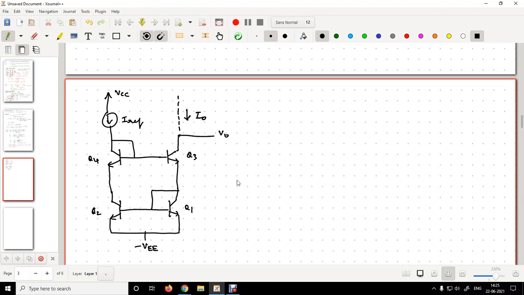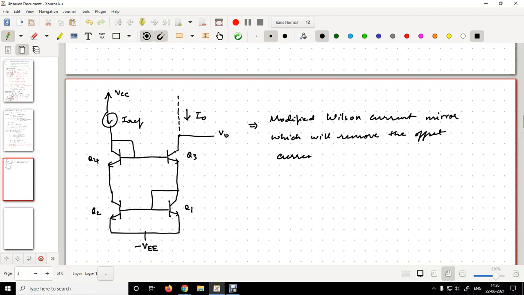This is actually a modified Wilson current mirror, which will remove the offset currents developed due to different VCE of Q1 and Q2.